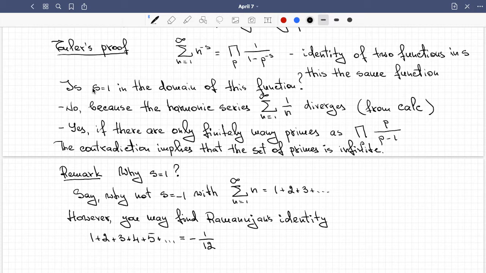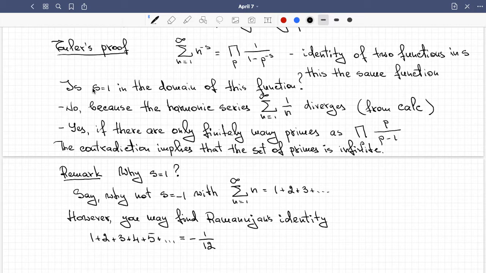Anyway, the proof is absolutely ingenious. In some sense, Euler's proof is way better than Euclid's proof because you may develop it further. It tells you something about the relation between the zeta function and primes.